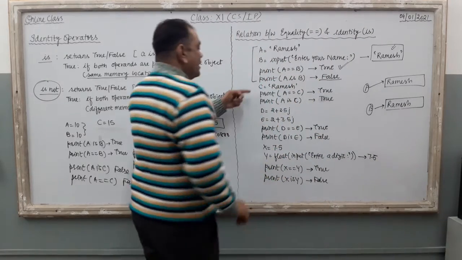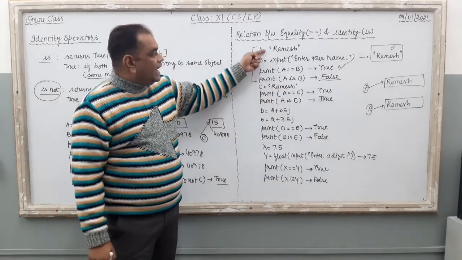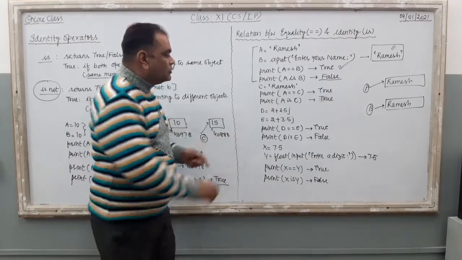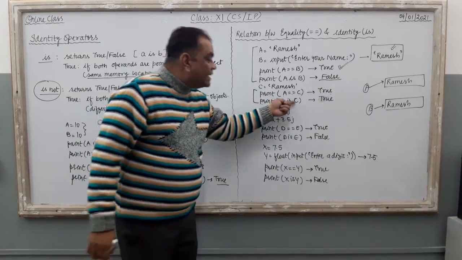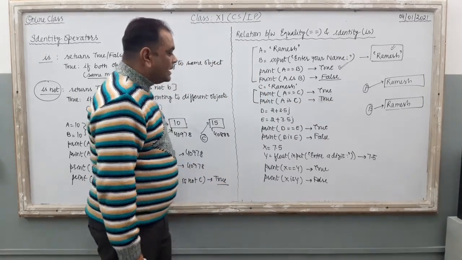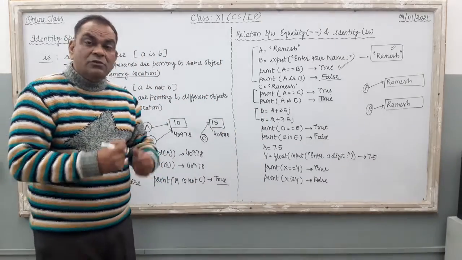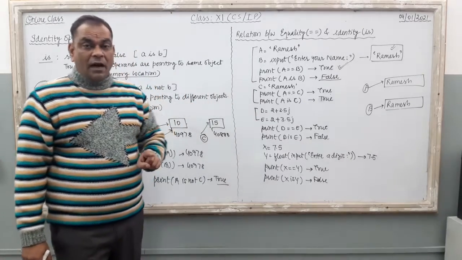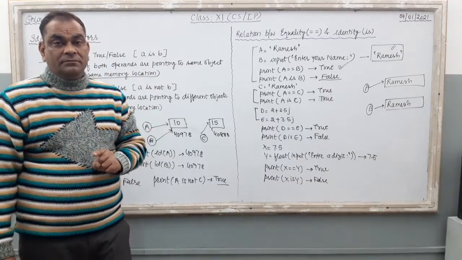Now just see, if I create one more variable C and the value of C is Ramesh only. A is Ramesh, C is Ramesh, both inputs are given by the programmer. Then if you use print A equal to C, the result is true. Print A is C, here also the result is true. Done? Now the next thing, for imaginary or complex numbers, if you see D and E, two different variables are there in your program and both variables hold the same complex number.